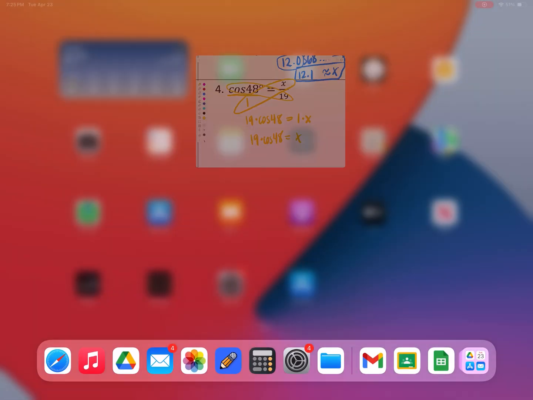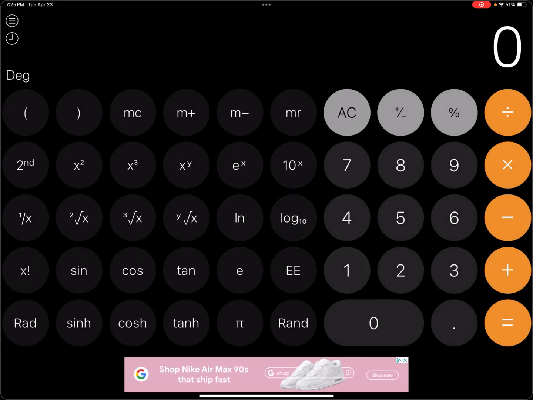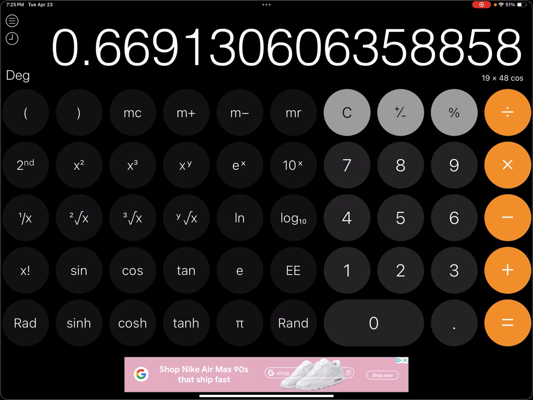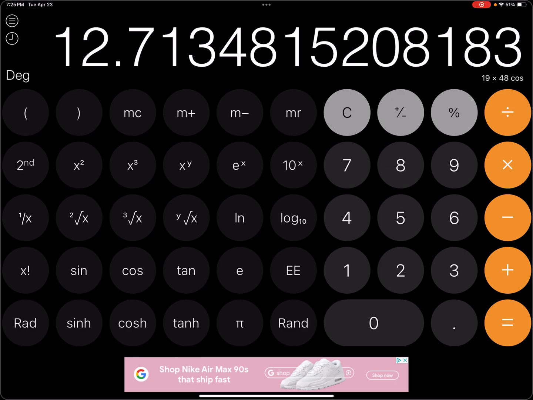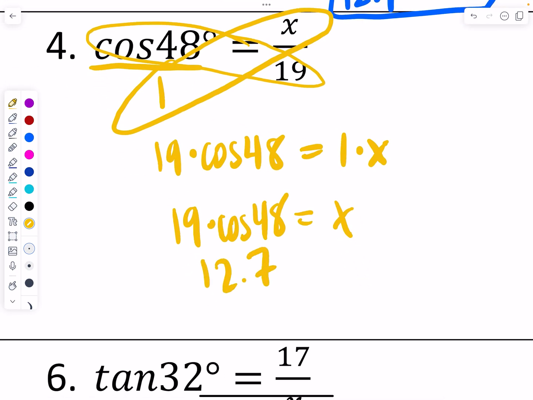So if I wanted to do that on my iPad, we'd do 19 times the cosine of 48, and that's going to give me 12.71348152. And so when I write that out, 12.71, that 1 is going to tell it to stay on that same level. So that's going to be about 12.7.